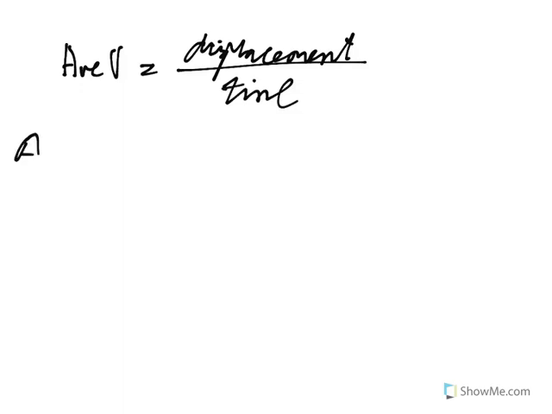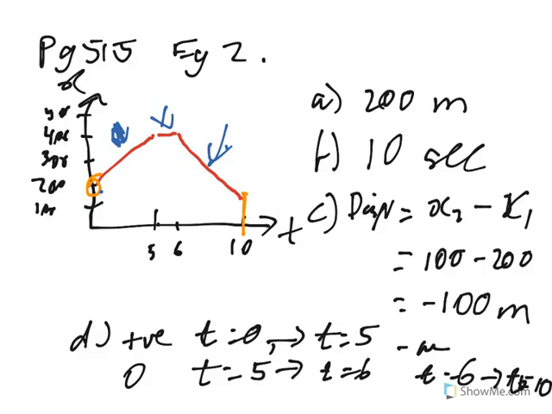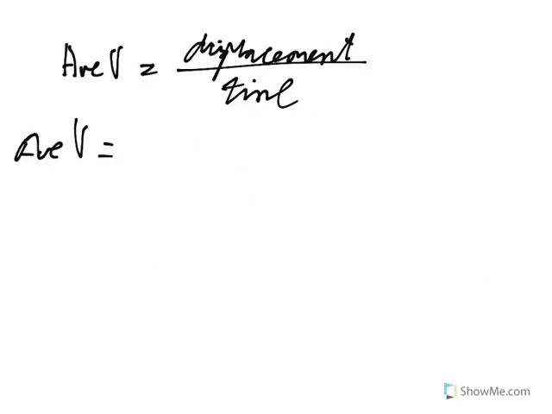So for the first one, this bit here, its displacement starts at 200, finishes at 400, so this displacement is 200 over 5, which is 40.